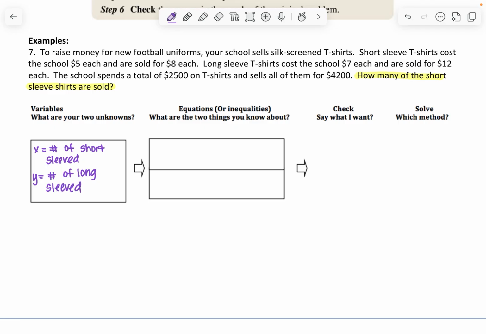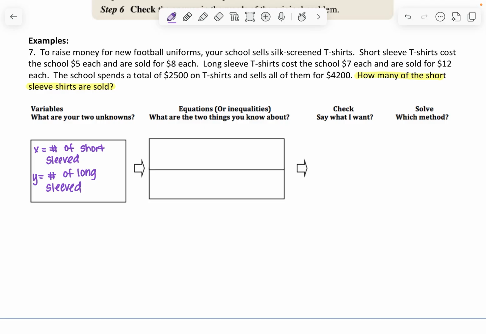Okay. So we have two different equations because they gave us two different totals here. We know that there is a total for the amount that they spent and a total for the amount that they sell. And so we can use that information. They told us that short sleeve t-shirts cost $5 each.